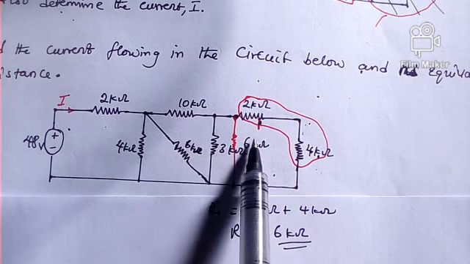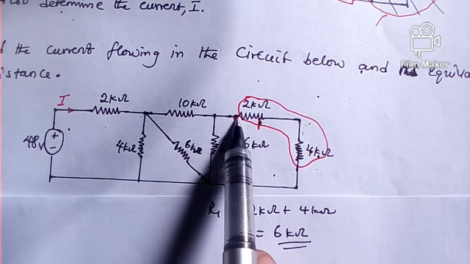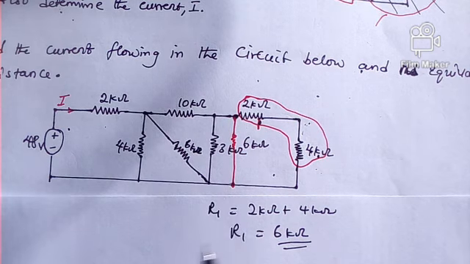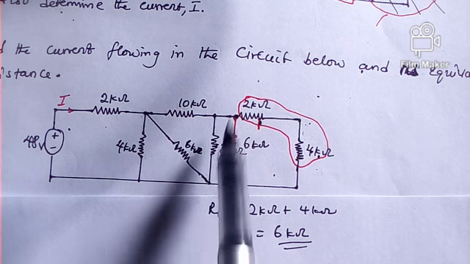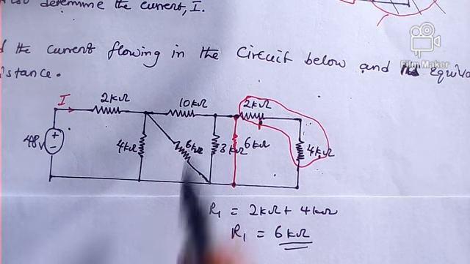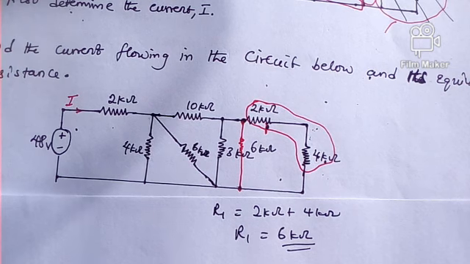The next one, you can see that the 6 kilo ohm resistor and the 3 kilo ohm resistor are in parallel because the two ends are joined together here and here at the same time. So what does the rule say about two resistors that are in parallel? There's a formula for that. We simply implement that formula and we get, let's call it R2.